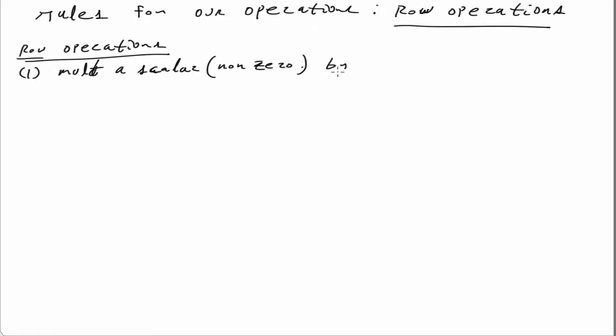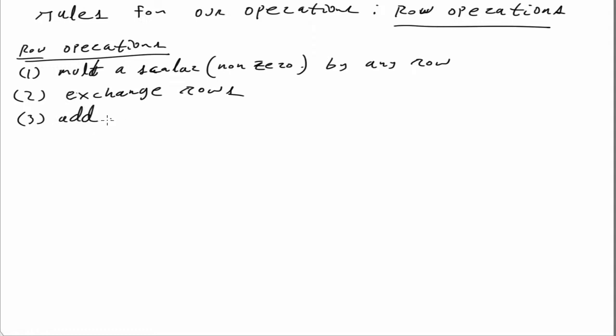The second thing we can always do is exchange rows. And finally, third, what we can do is add scalar multiple rows, or sorry.